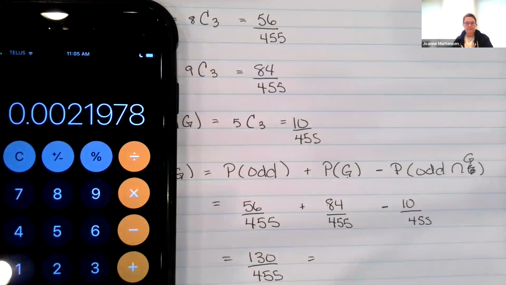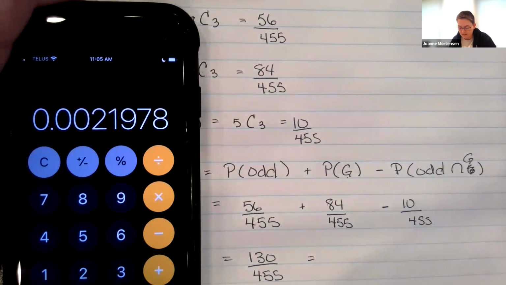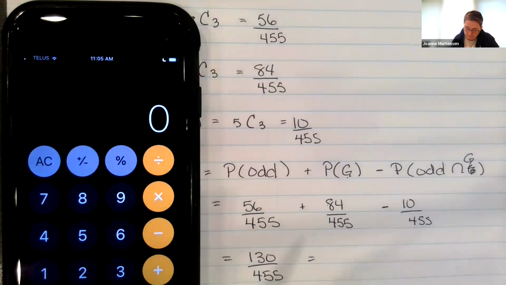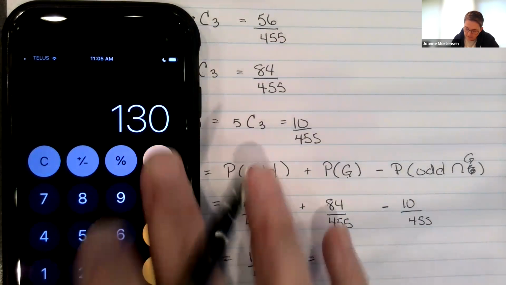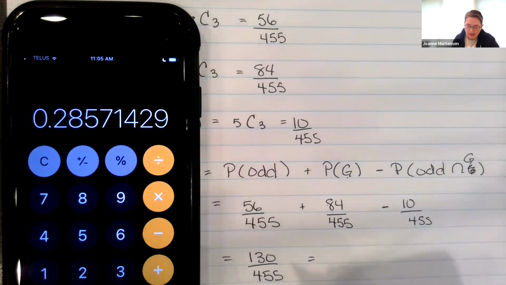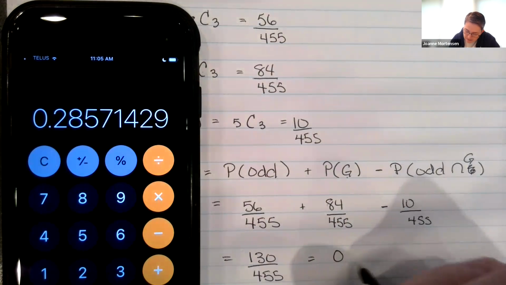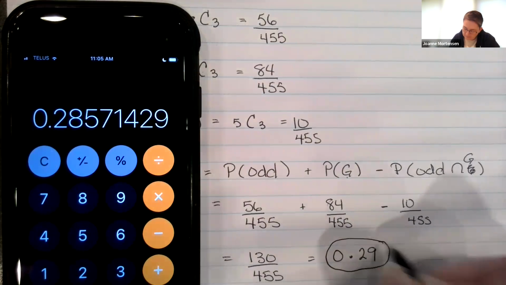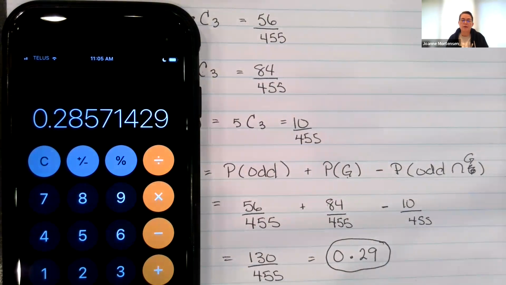No, I don't know what I typed in there, but that can't be it because that just looks wrong. 130 divided by 455. That looks a lot better. 0.29. All righty, there we go. There is question 10 on P12. Sorry, it wasn't in the original video. Have a lovely day.